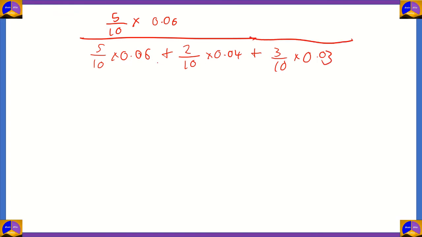There's a good reason why we're writing the probabilities like this, because now we can eliminate 10 from both the numerator and the denominator.